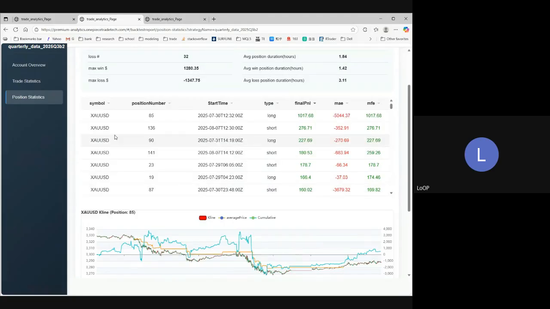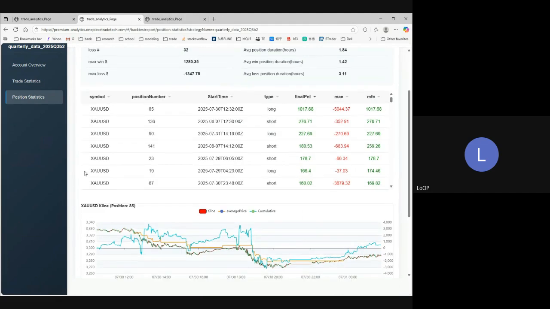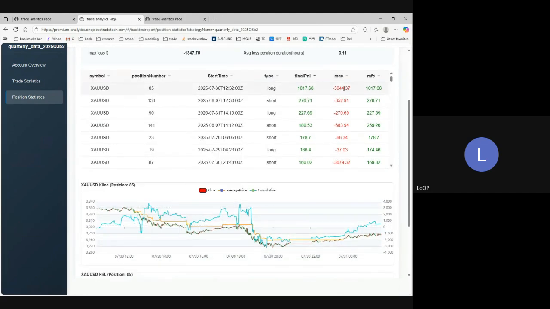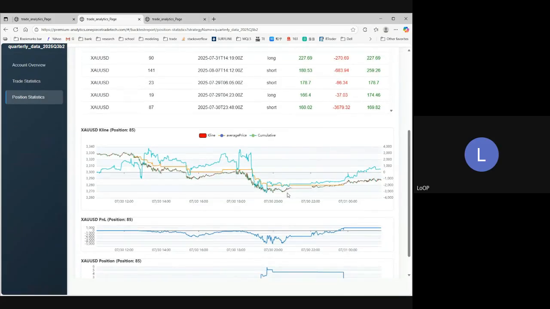But if you just look at the closing P&L, you see, okay, this strategy actually makes money. But imagine you are an investor investing $10,000 in this strategy, and within less than 2 days you see $5,000, 50% of floating loss. What is going to be your psychology? It's going to be unbearable.